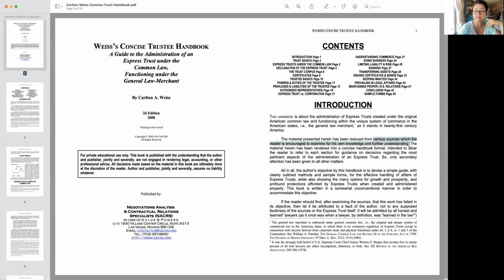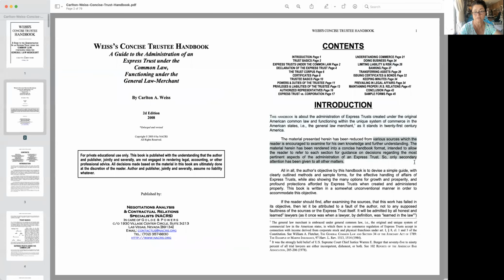The material herein has been rendered into a concise handbook format, intended to allow the reader to refer to each section for guidance on decisions regarding the most pertinent aspects of the administration of an express trust. So only secondary attention has been given to all other matters.